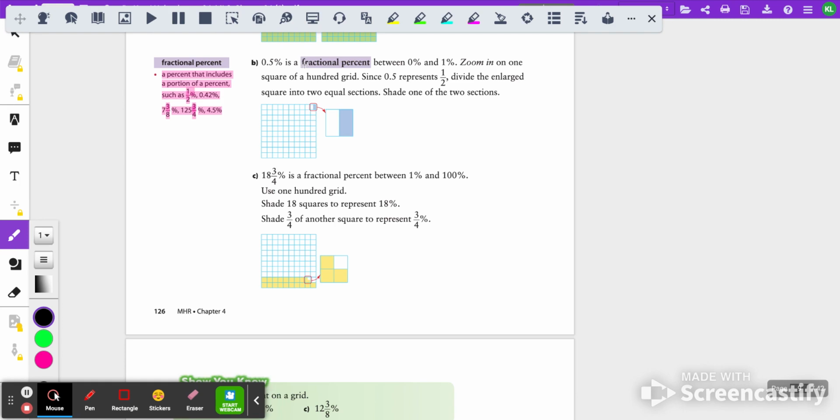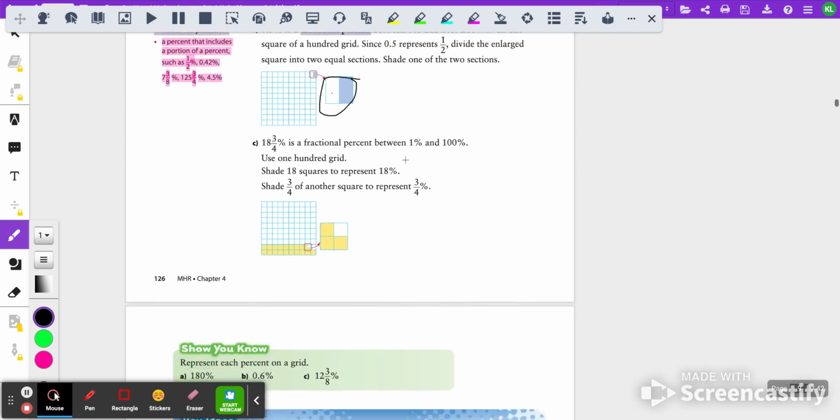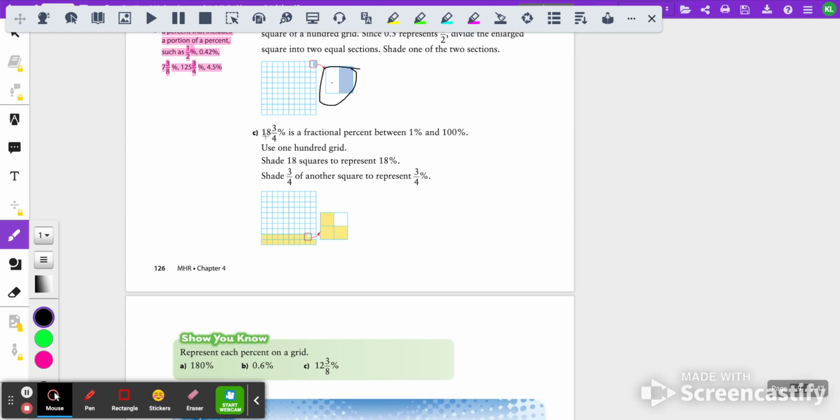So 0.5% is a fractional percent between 0% and 1%. You're going to zoom in on a square to represent on a 100 grid. Since 0.5 represents 1/2%, I'm going to shade in one of 2 sections on a square, like this. Or I can have 18 3/4%, a fractional percent between 1% and 100%.